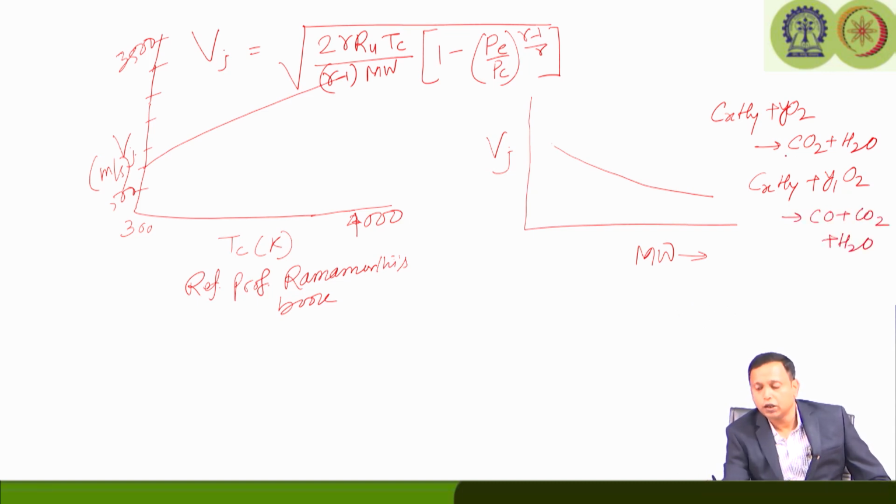If you consider the average molecular weight of these combustion products, slightly incomplete combustion is going to generate some CO, because CO has a lower molecular weight compared to CO2. So on average, this gives slightly lower molecular weight, which gives an advantage in increasing the velocity Vj. So in many occasions, the mixture ratio is made slightly fuel rich in order to increase Vj.